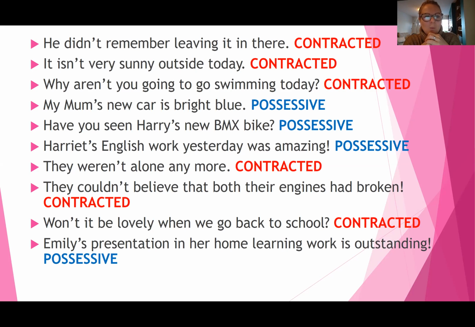Next one. Why aren't you going to go swimming today? That is also the contracted form because aren't is are and not. They've joined together to make the word aren't. So well done. If you manage to do that, you can give yourself a marshmallow clap.